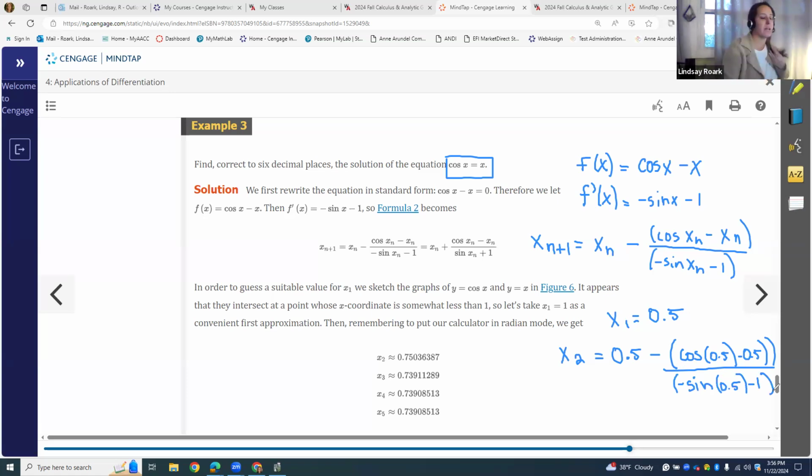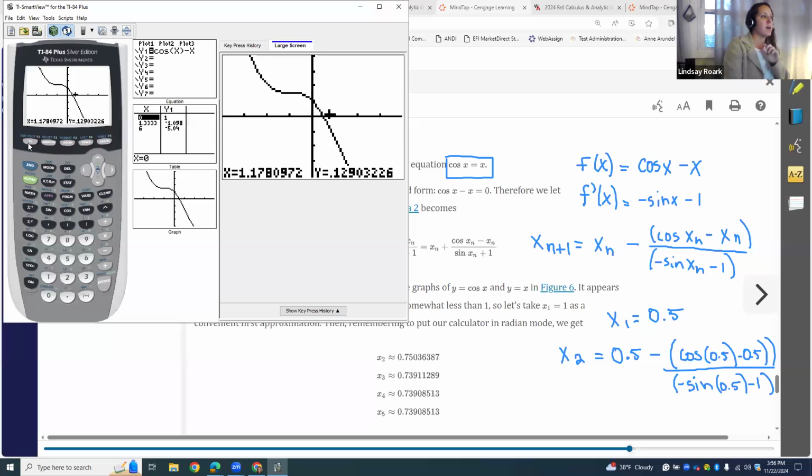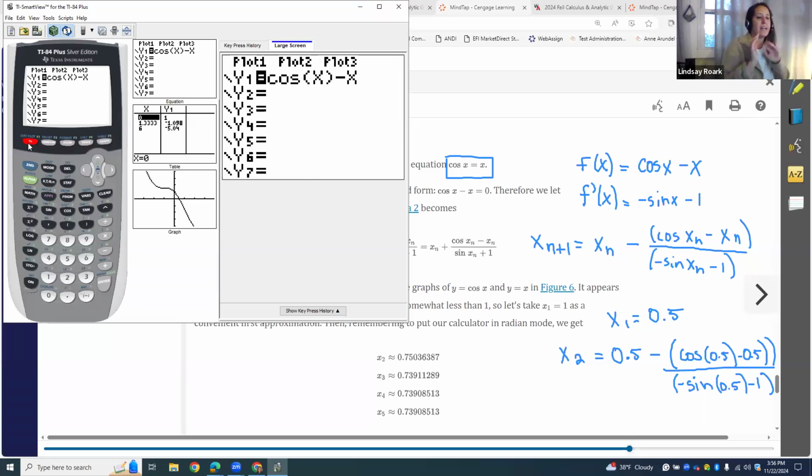But I wanted to show you again how we can make it really quite simple. We can go to our graphing calculator. I'm going to go to y equals, and I know I just graphed the original function just to get a good starting value, but we can put in essentially this whole expression. So we can put in x minus, and it'll always look like that because that's always the formula.